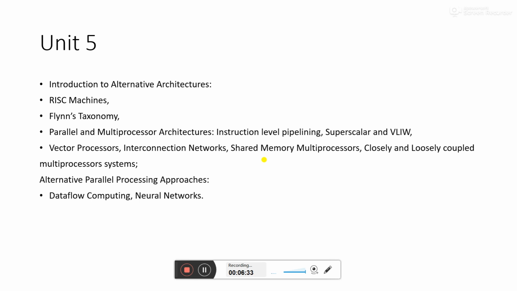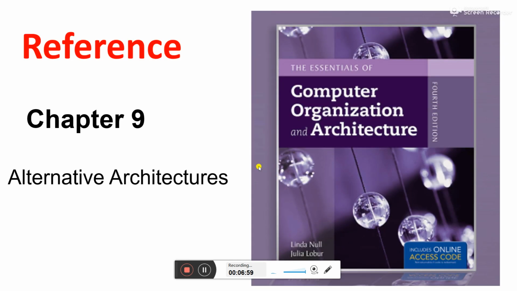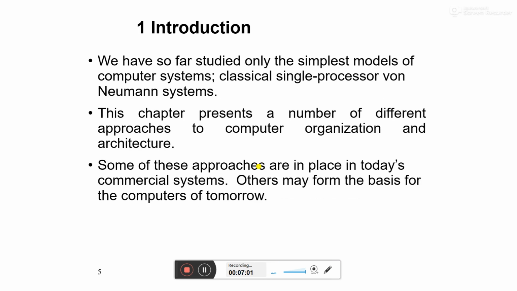Superscalar and VLIW architectures are also there. VLIW is a very large instruction word, so we need to define some instruction coding, and I will tell you how these things work in the coming lecture.